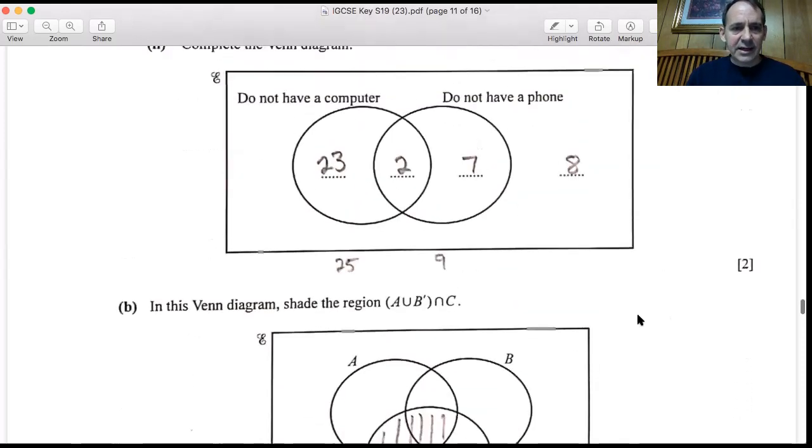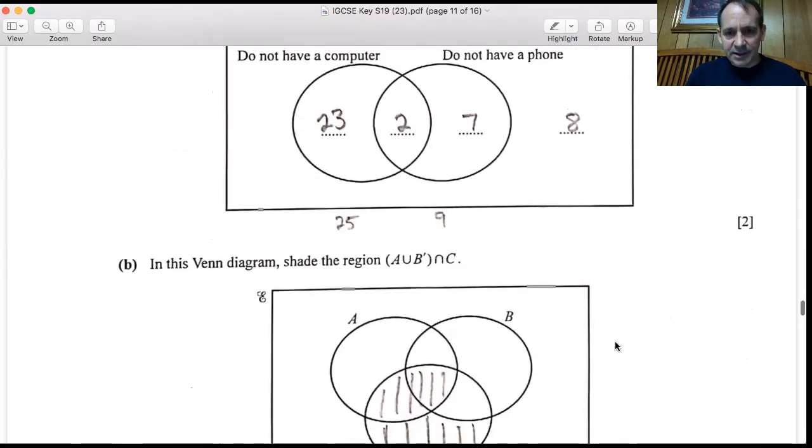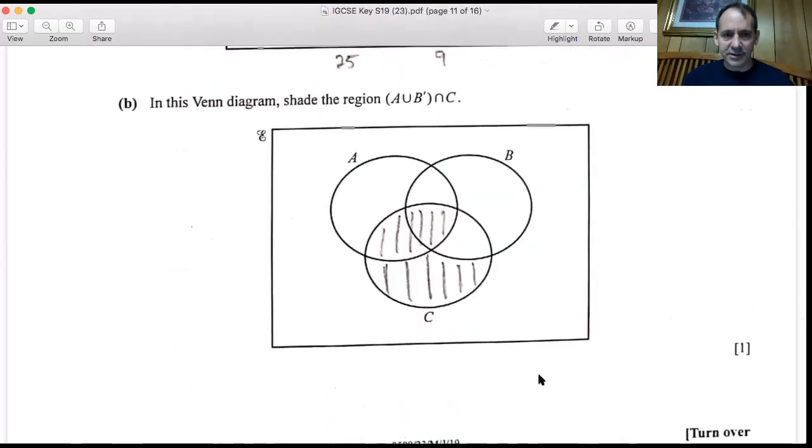Then in this Venn diagram down here, they provide you a different diagram.